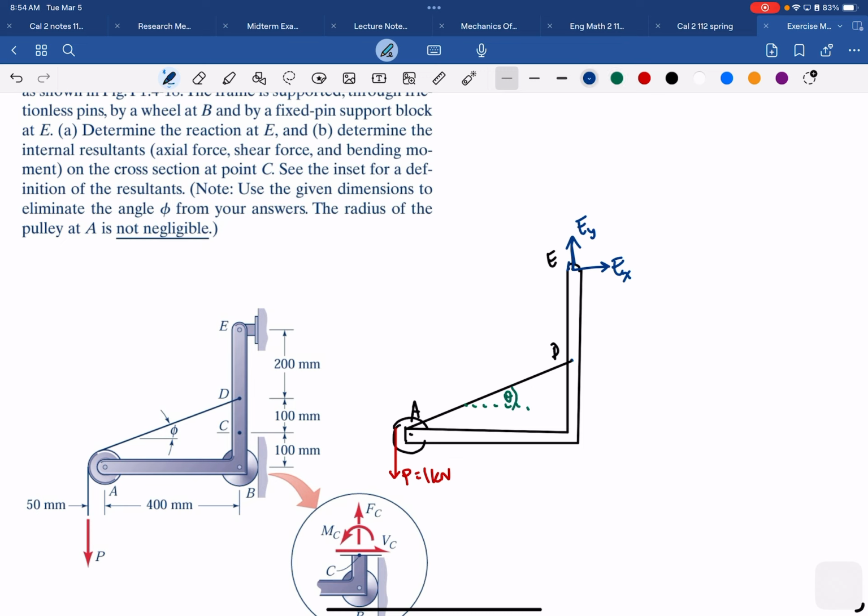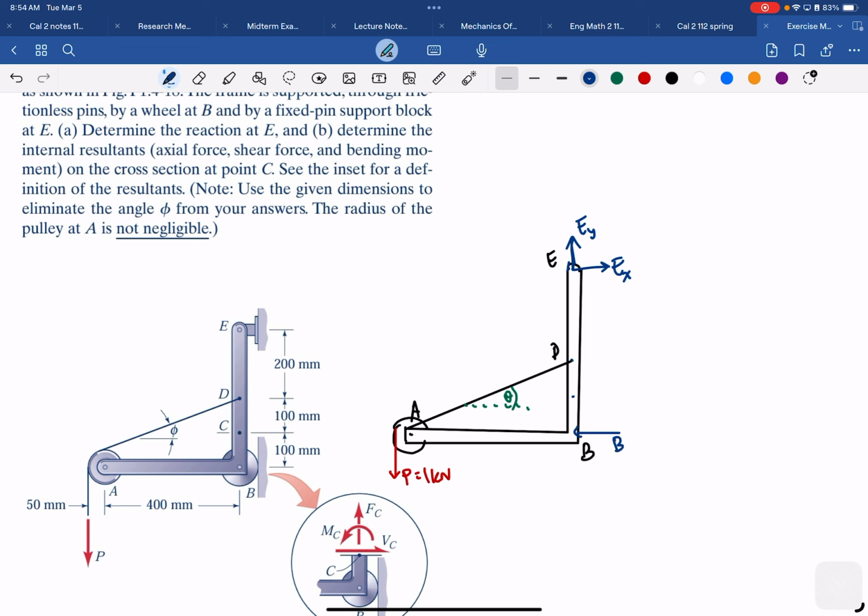And then you have this is B. This is B. And B is having a roller, right? Roller pin. So we have only horizontal there, okay?